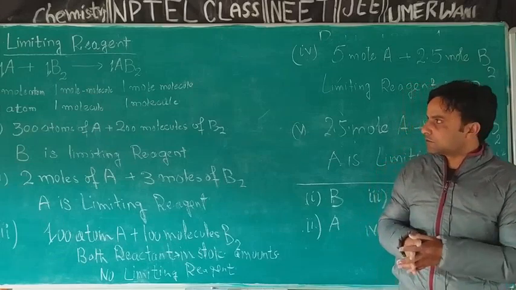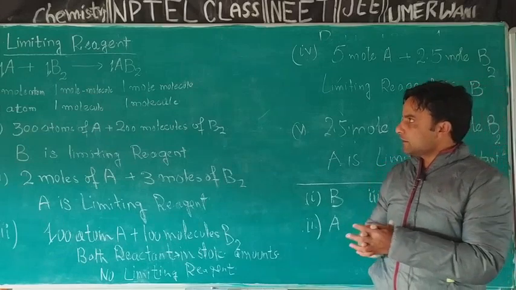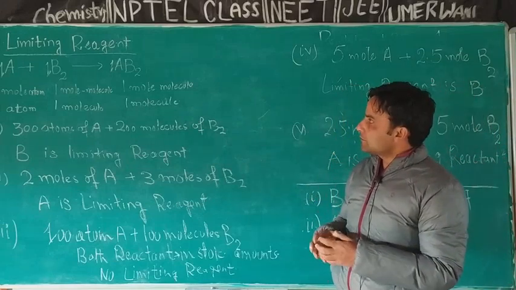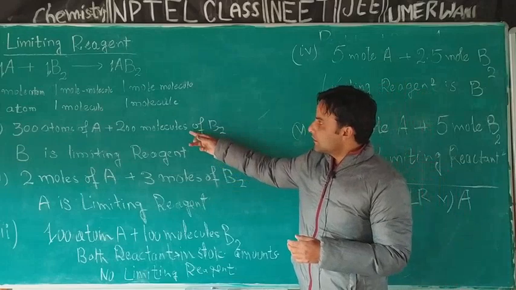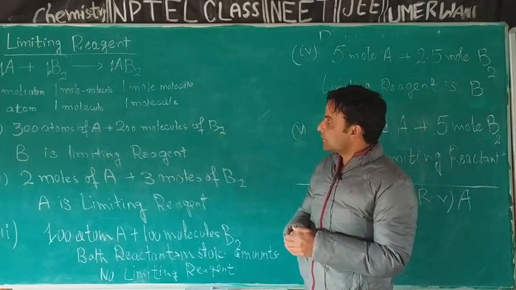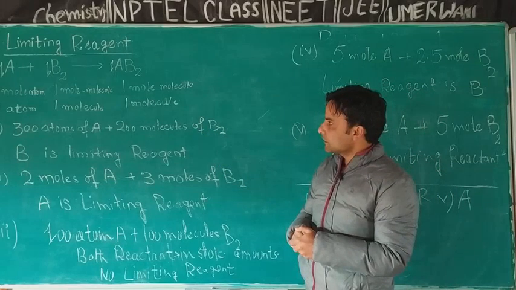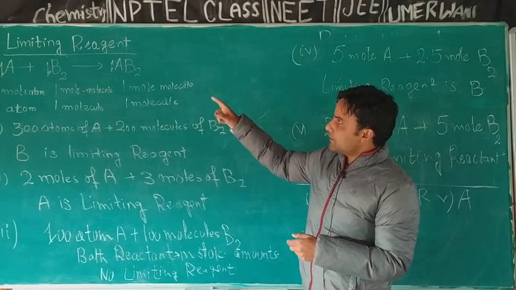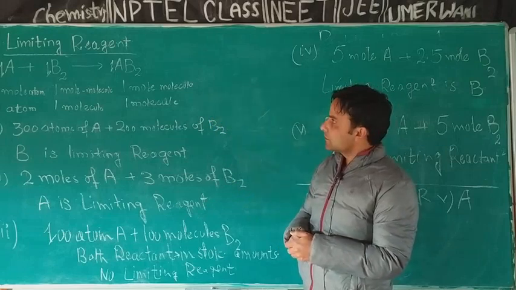unreacted, unconsumed. In this problem, we started with a mixture comprising 100 atoms of A and 200 molecules of B2, and the reaction is A plus B2 gives AB2.